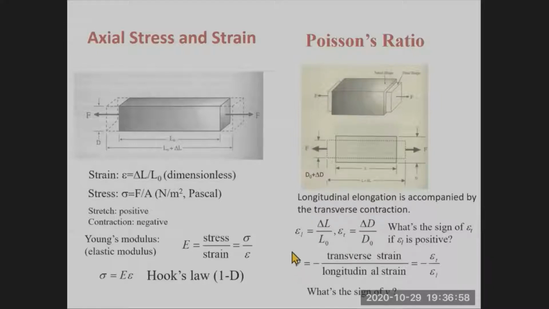The Poisson's ratio, nu. Please note that this is not V, this is the Greek letter nu. This Poisson's ratio is defined as the negative transverse strain divided by the longitudinal strain, namely negative epsilon T over epsilon L. So what's the sign of nu? It's positive, right?